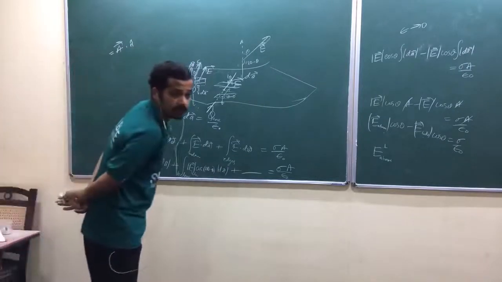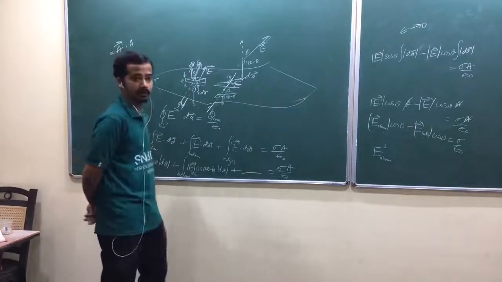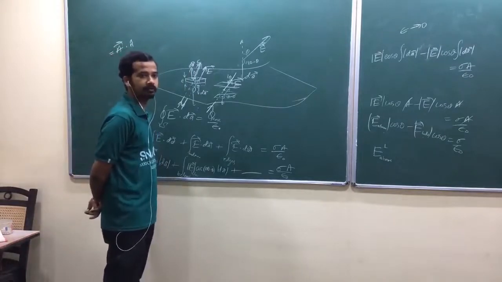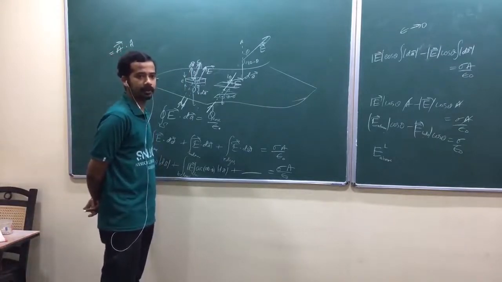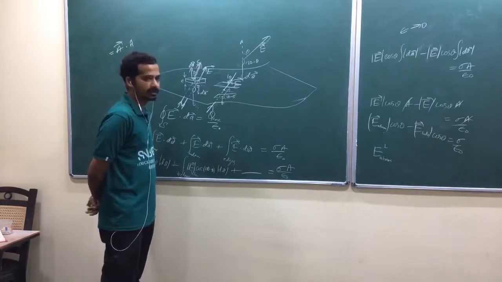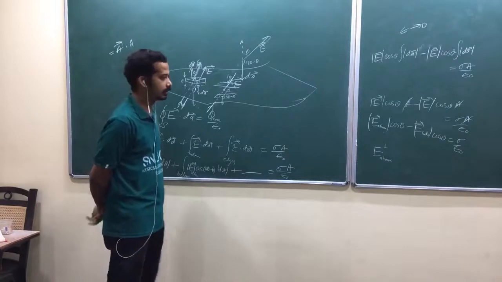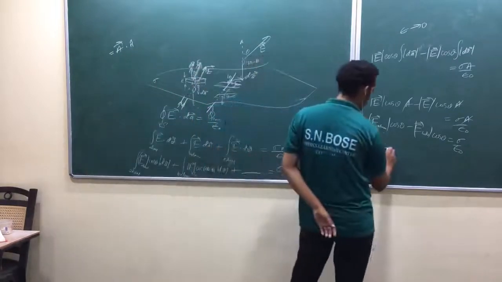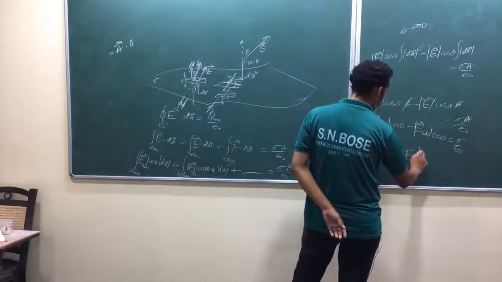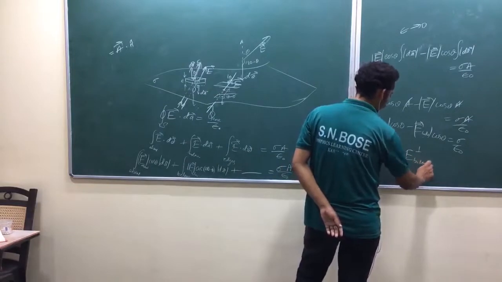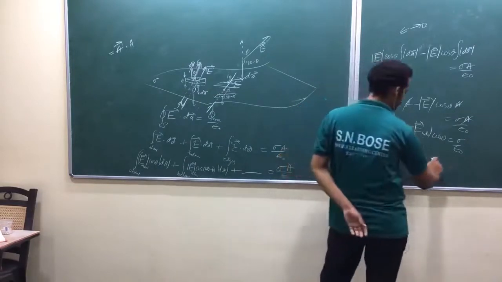So what's your argument? If it is the same electric field, then it should have the same magnitude just above and below, am I right? But I got one negative sign. Look here. This is E perpendicular above minus E perpendicular below, equal to sigma by epsilon.